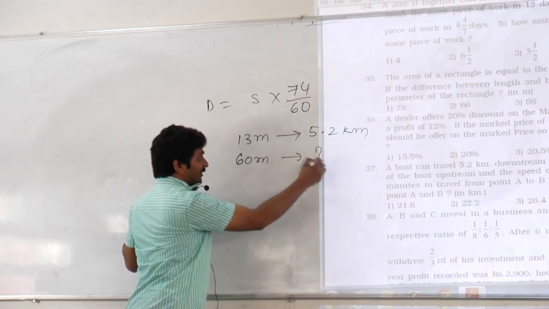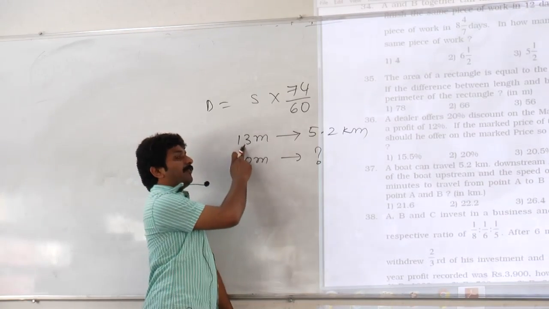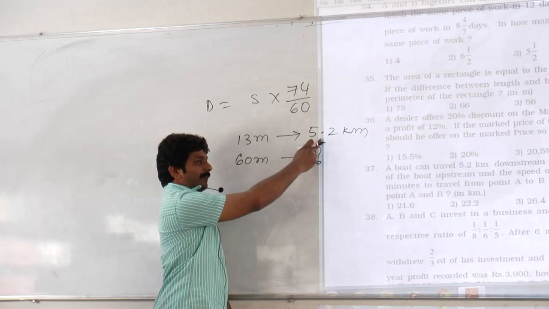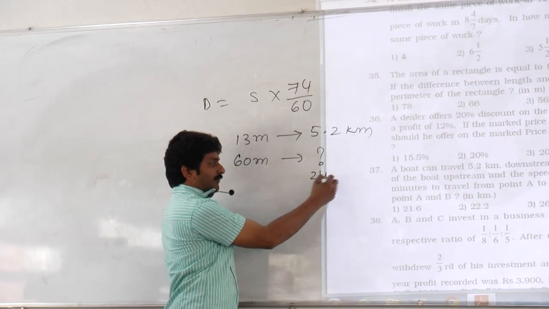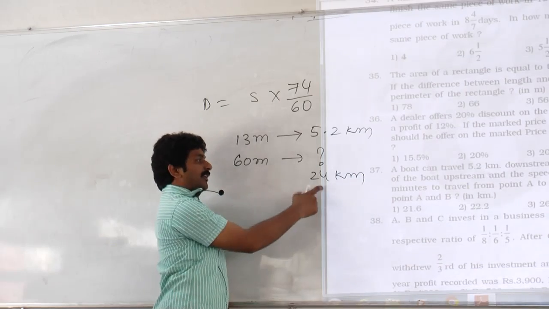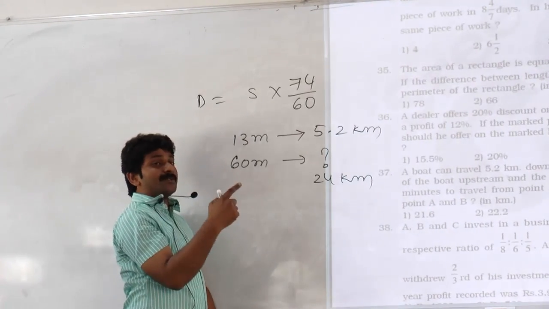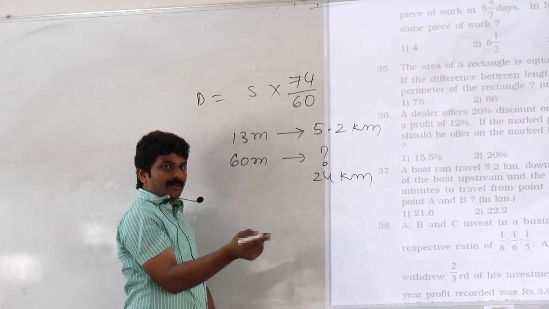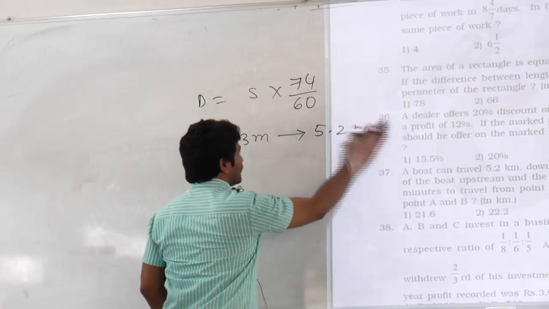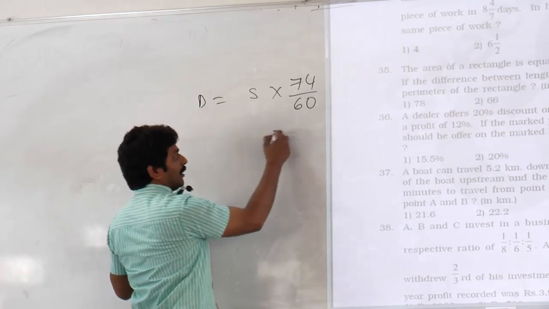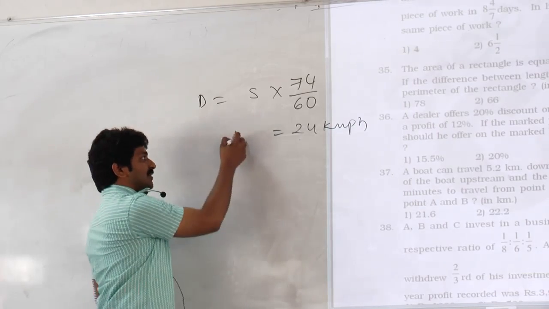For 60 minutes, how many kilometers? 13 into 4 is 52, but I have 5.2, so 4 times 60 is 240, and I should write 24 kilometers. 24 kilometers in 1 hour. So speed becomes 24 kilometers per hour. You need not write this step. So downstream speed is equal to 24 kilometers per hour.